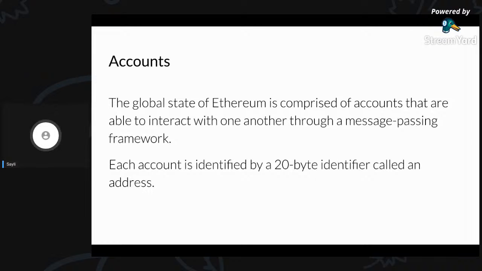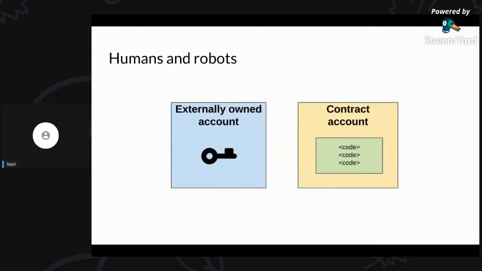This account will be used to interact with another account. It is a 20 byte identifier and we call it an address. There are two types of address: one is the externally owned account and the second is the contract account.